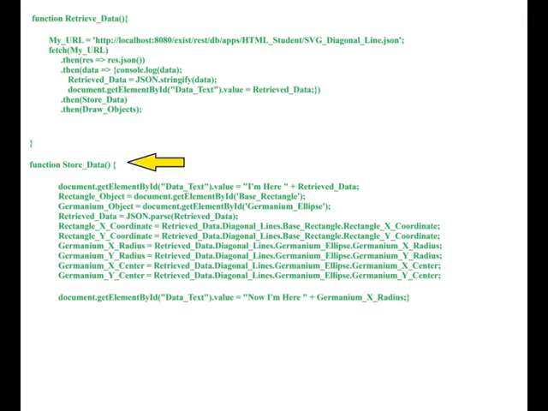So what does the store data function do? Well, the first thing this function does is display the data stored inside the retrieved data global variable. By displaying this information, you can see that the information got successfully transferred and was sent properly from the retrieved data function to the store data function.